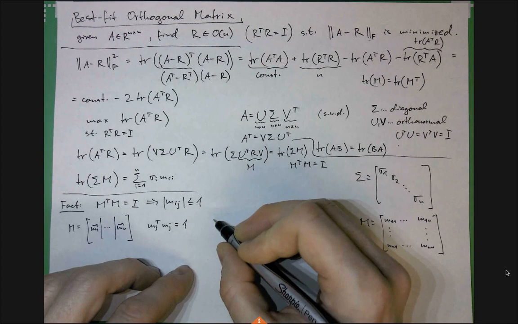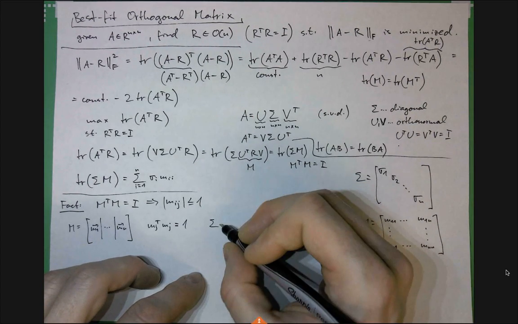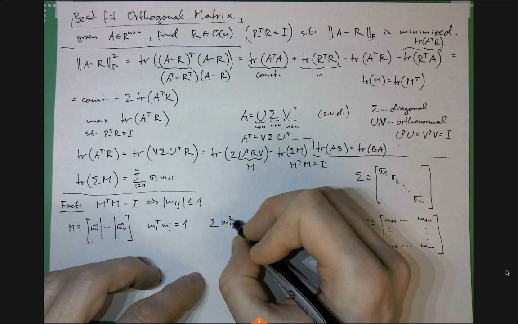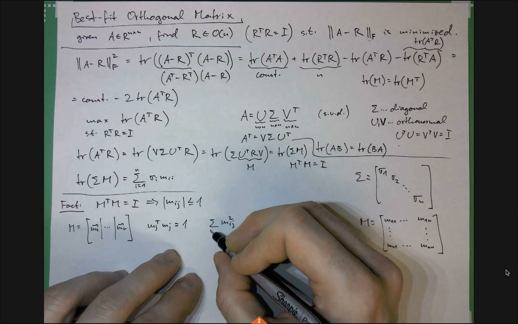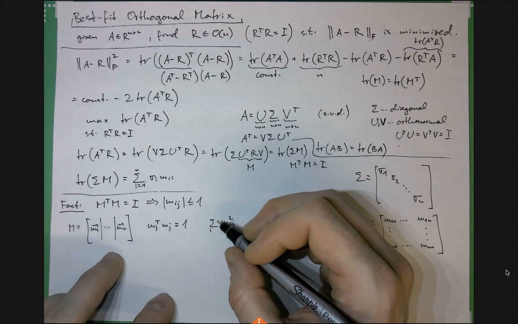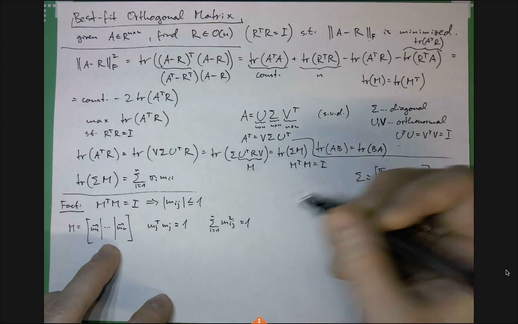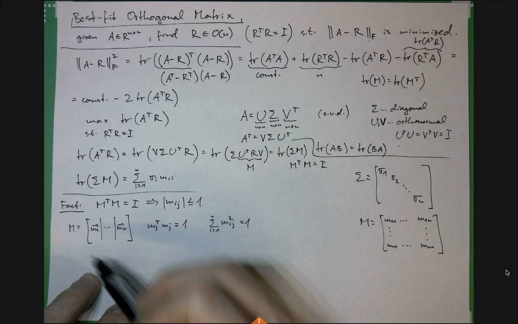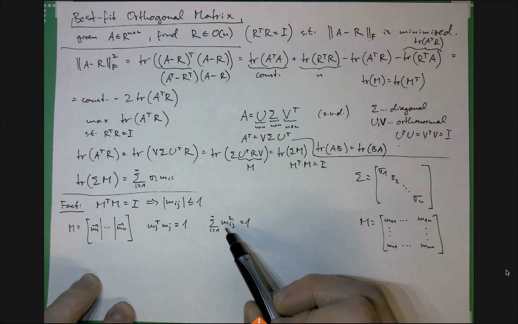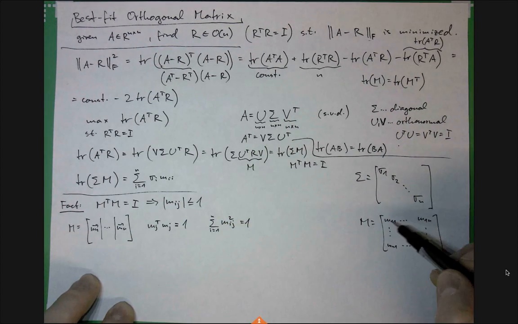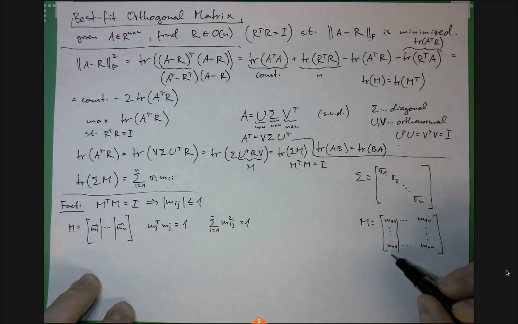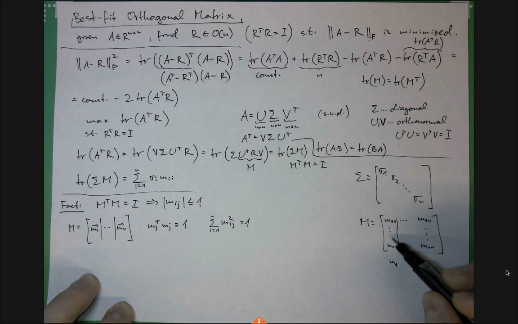But this means that for every j, where j indexes the columns, if I take the elements of the individual column, this was like my column M1, which has elements M11 to Mn1, right?